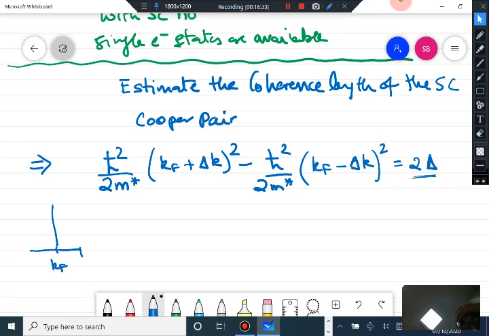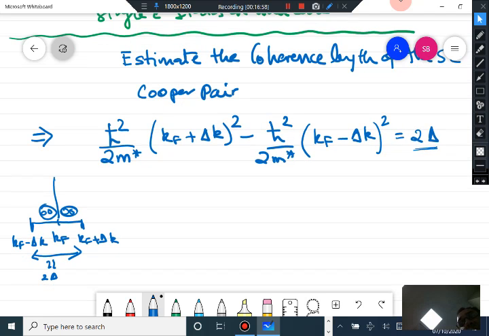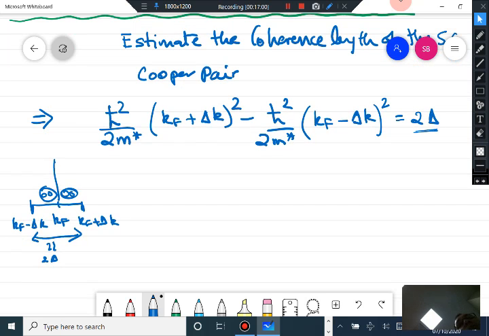So around kf, within kf minus delta k and kf plus delta k, I am going to have pairs which are present. So this is basically going to be equivalent to 2 delta energy around Ef. That is what I am writing, and I would like to estimate how much is this delta k in the momentum space. So you can easily open out this bracket, and m star is equal to twice m because of Cooper pairs.